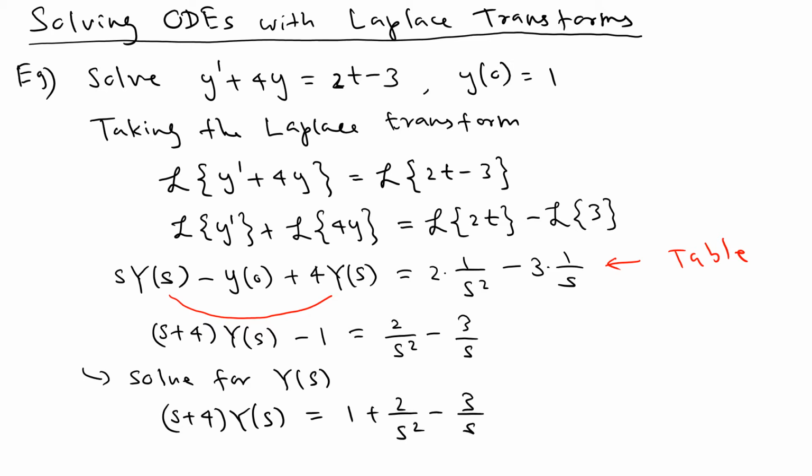So there are a few things now. There are two ways to proceed from here. One way is we normally leave the 1 term like that. The reason is, when you divide by s plus 4, you're going to get 1 over s plus 4. The inverse of that we already know, so there are no problems with that.